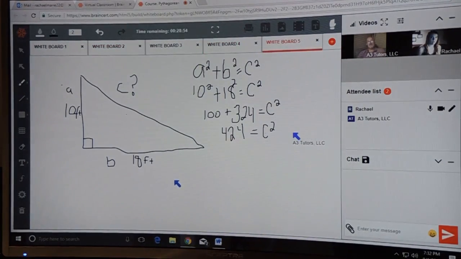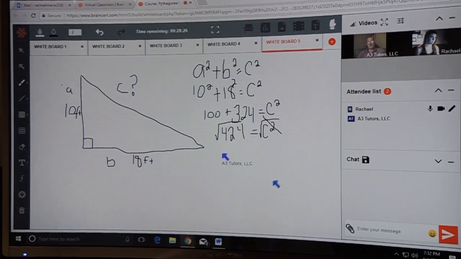We should take the square root of both sides. Very good. Why don't you go ahead and write that in? The reason we do that is that squared is the opposite of the square root, so if we take the square root, we can cancel that out. This just becomes C, which we're looking for, correct?